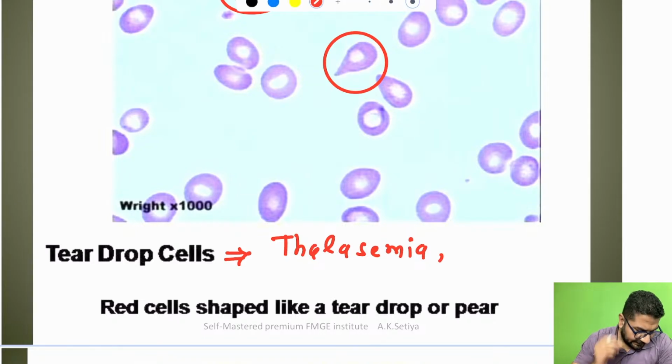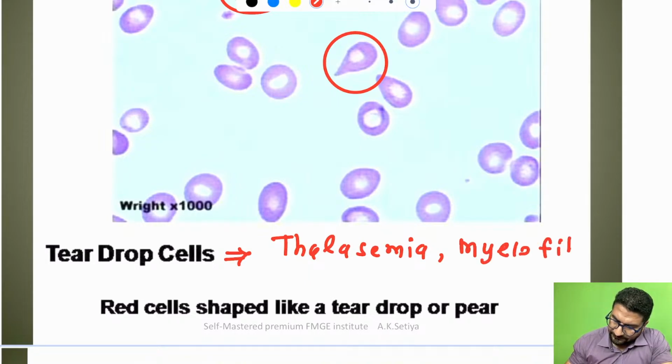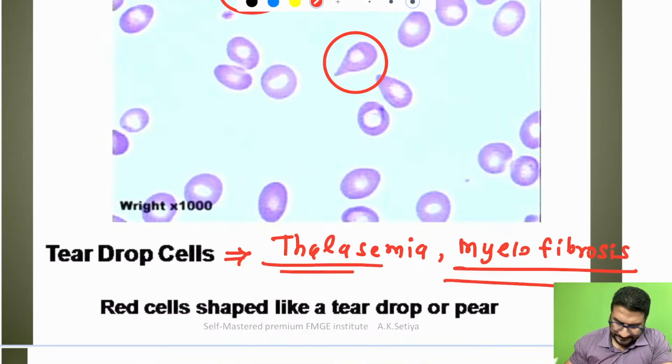Anyone? Where else? In myelofibrosis. Whenever there is fibrosis in the bone marrow, so in myelofibrosis.